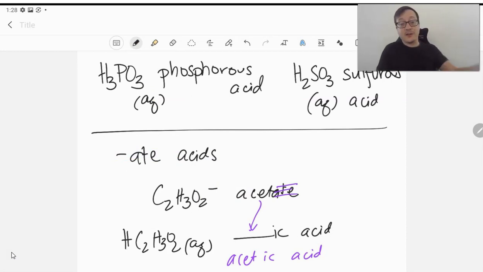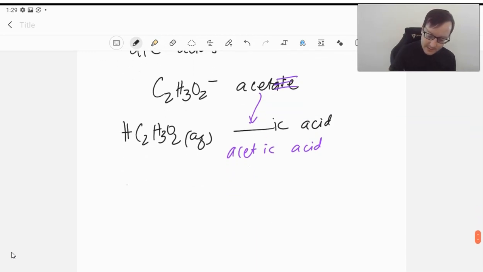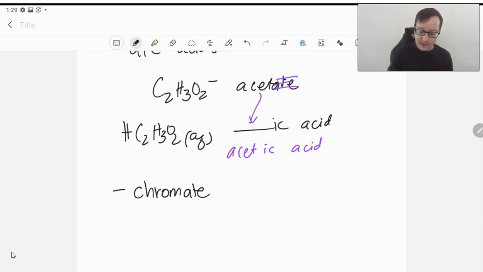Remember, all our acids are going to start with H, and we're going to see that, although this is organic chemistry, only that one H is acidic. The other H's don't participate in any acid chemistry. All right, another one, how about chromate? Let's figure out what chromic acid is.